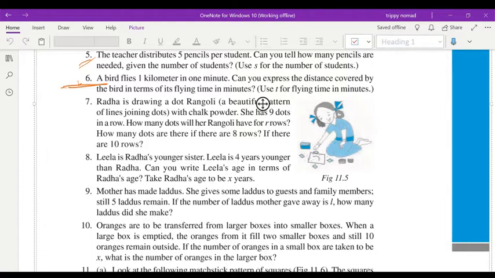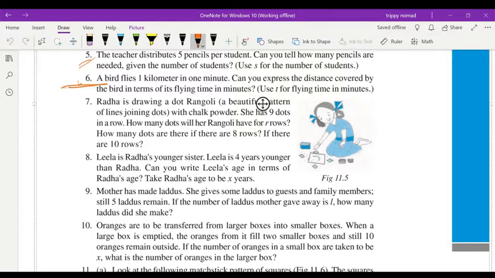The formula for Radha drawing a dot rangoli: she has 9 dots in a row. That means 9 into 1, 9. How many dots will her rangoli have for R rows? That is 9 into R.